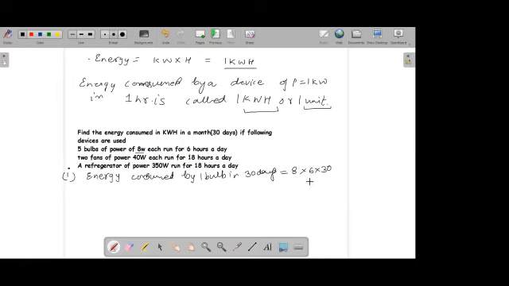Yes, sir. But see here, the power was given in watt and we have put it here. But according to our rule, we have to put the power in kilowatt, right? So to convert this watt to kilowatt, we must divide this 8 by 1000.